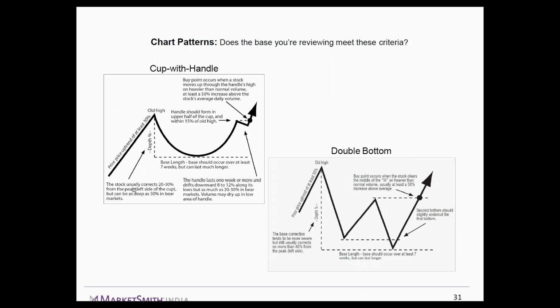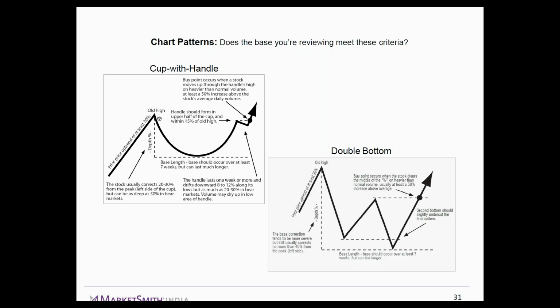Basically, for forming this cup with handle pattern, the stock has to have a prior price uptrend of at least 30%. As you can see here, a prior price uptrend of at least 30%. Then the stock would make an all-time high, which will be termed as the old high in respect of the entire pattern.